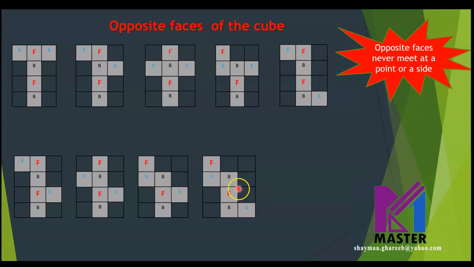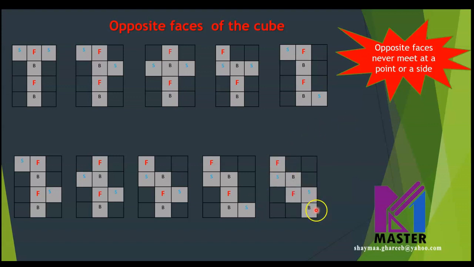Which means this one is the opposite face of this face up here. Which means the last two here are opposite to each other. Is this clear? So we always find the start. We always start from the column or the row that has 3 or 4 faces.